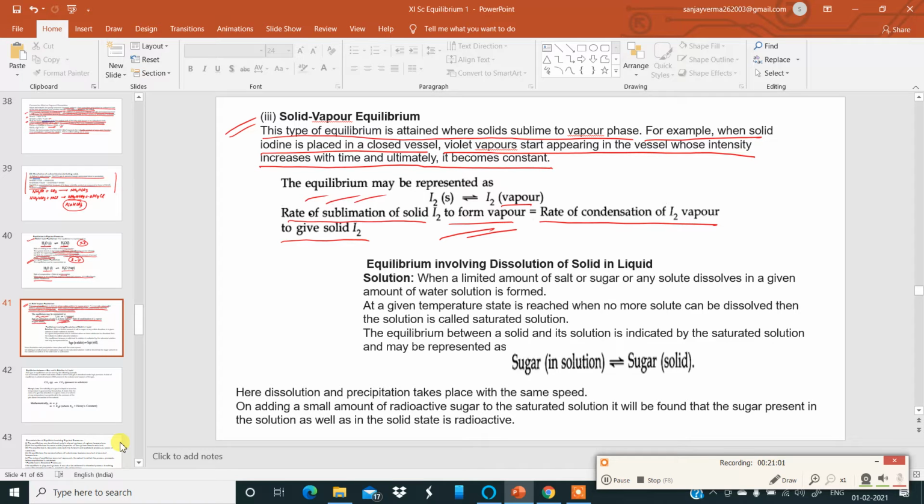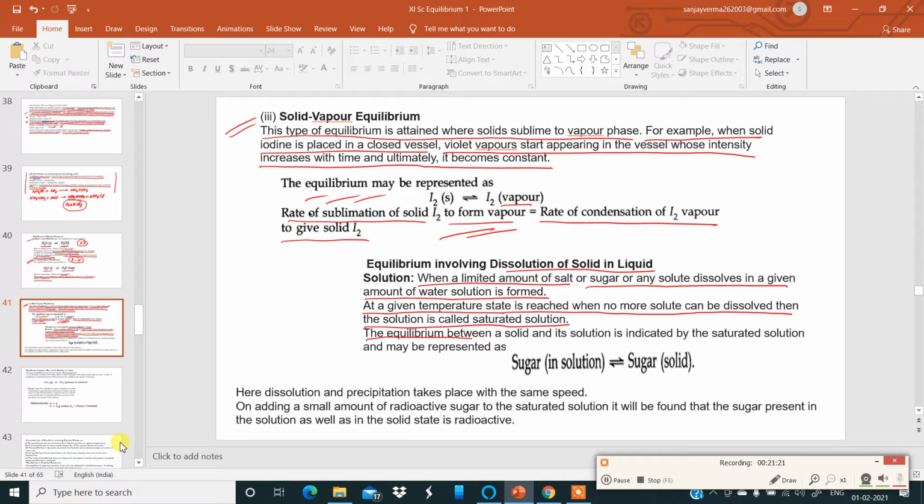Now, equilibrium involving dissolution of a solid in a liquid. When a limited amount of salt or sugar or any solute is dissolved in a given amount of water, a solution is formed. At a given temperature, a state is reached when no more solute can be dissolved, and then the solution is called a saturated solution.